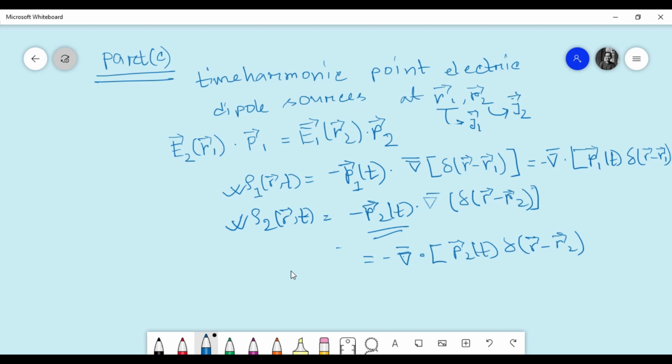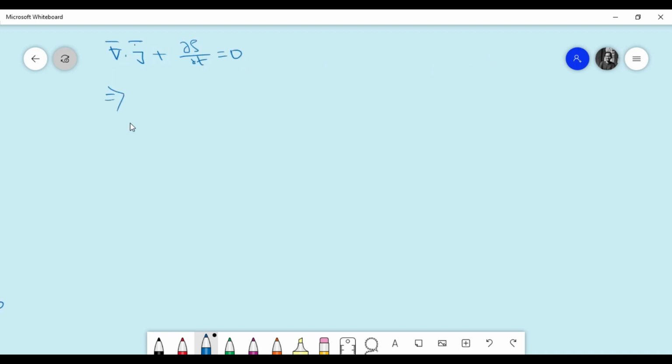So to get the current density, we can use the continuity equation. Remember, the continuity equation connects the current density with the charge density. So using that, we're going to get the current density from these two dipole sources. So for dipole 1, let's say we have J1 and ρ1. We're going to get this.